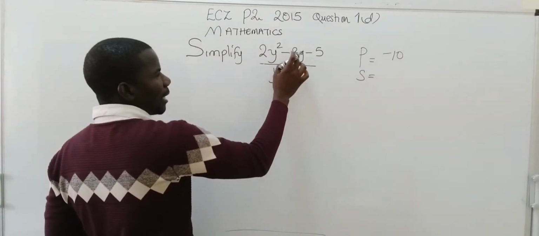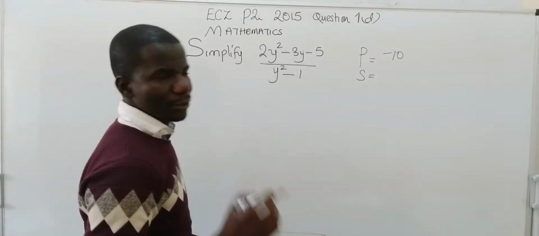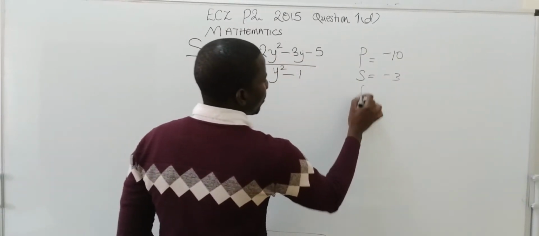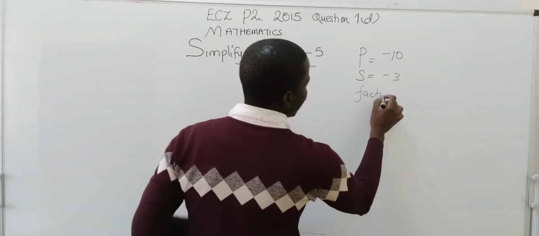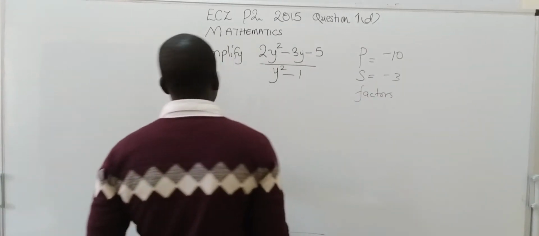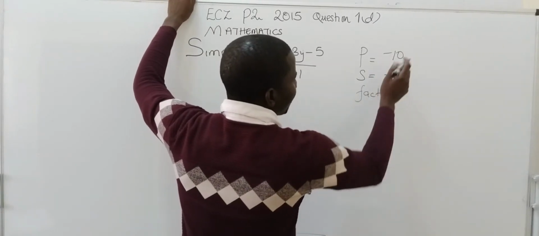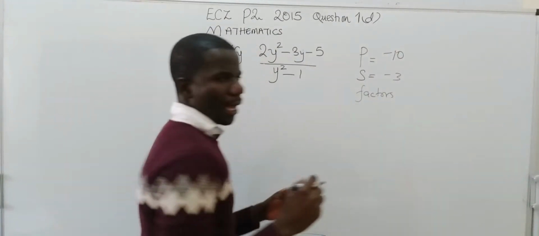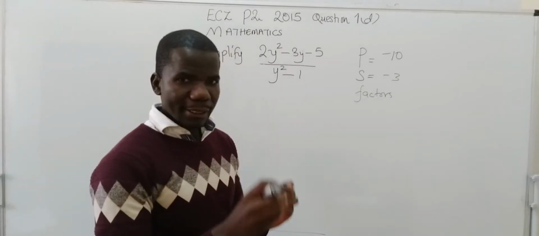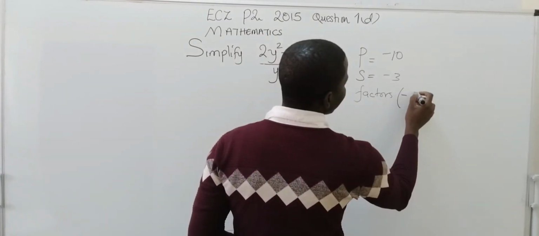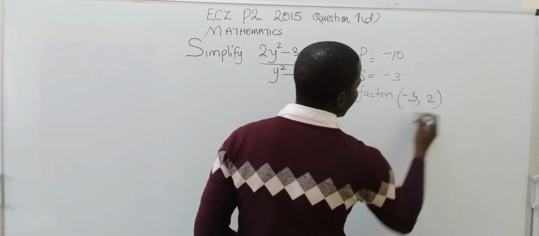The sum is the coefficient of the variable that is not squared, which is negative 3. Then we look at the factors of negative 10. Those factors are the ones that, when we add them, should give us negative 3. So you will discover that it's negative 5 and 2.